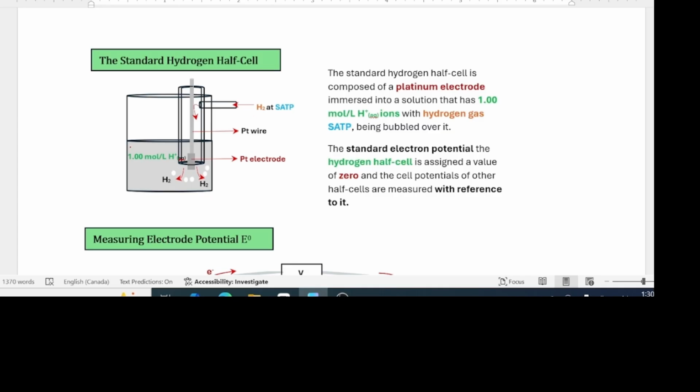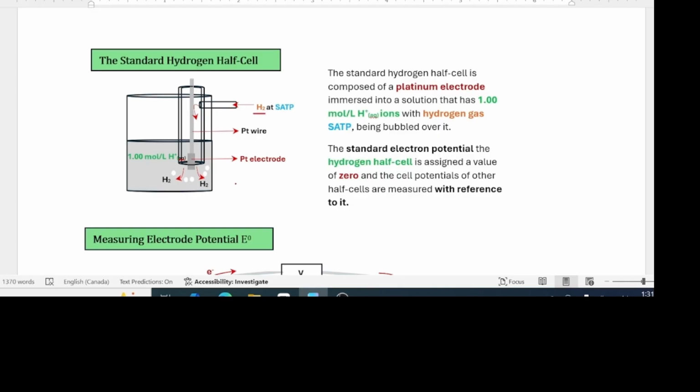So this is a solution that has 1.00 mole per liter hydrogen ion, and here is a tube that is open at the bottom and sealed at the top, but it allows a platinum wire connected to a platinum electrode to pass through it. Into this tube, hydrogen at SATP is bubbled over this platinum electrode here, and this constitutes what is called the standard hydrogen half cell.